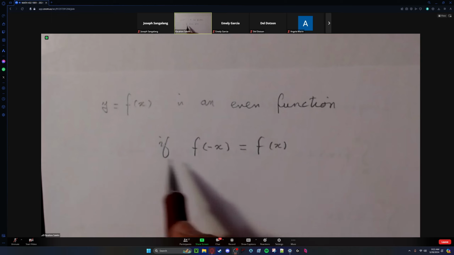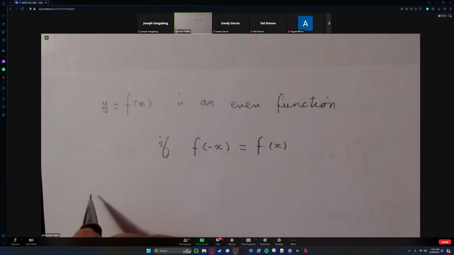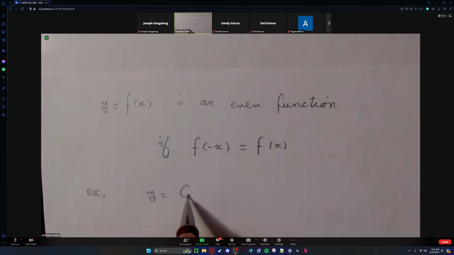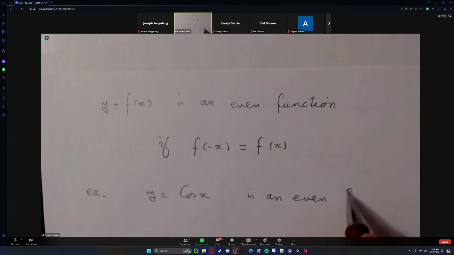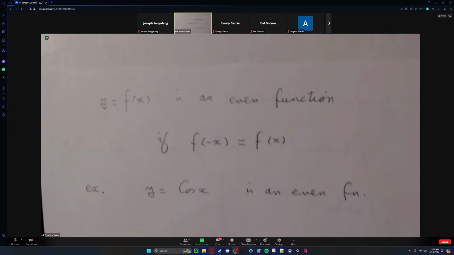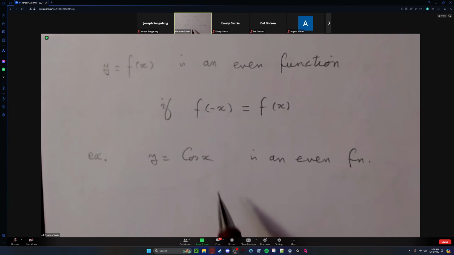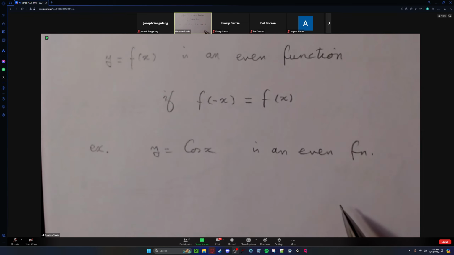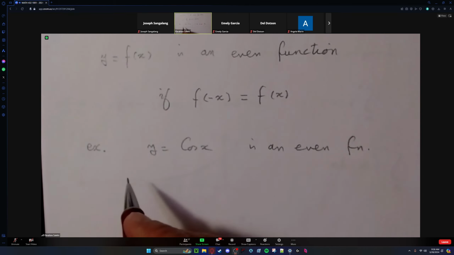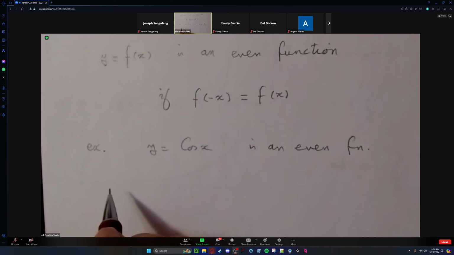A good example of an even function is cosine x. For example, y equal cosine x is an even function. Geometrically, when you have f of x and f of negative x the same, it means the function is symmetric with respect to the y-axis.